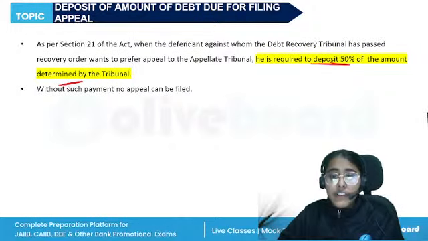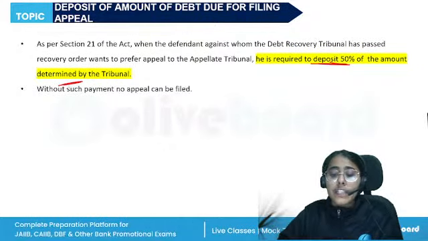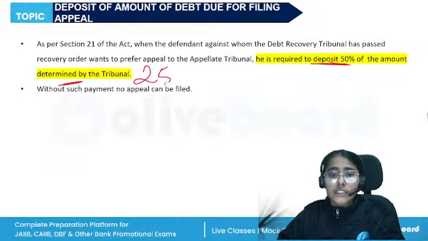So if the defendant wants to file an appeal with the appellate tribunal, first they need to make a deposit of 50% of the award which is decided by the DRT, and without such payment no appeal shall be filed. However, the tribunal has the right to reduce or waive such payment to not less than 25% of the amount which is determined. So either 50% or, in exceptional cases, 25%, right?